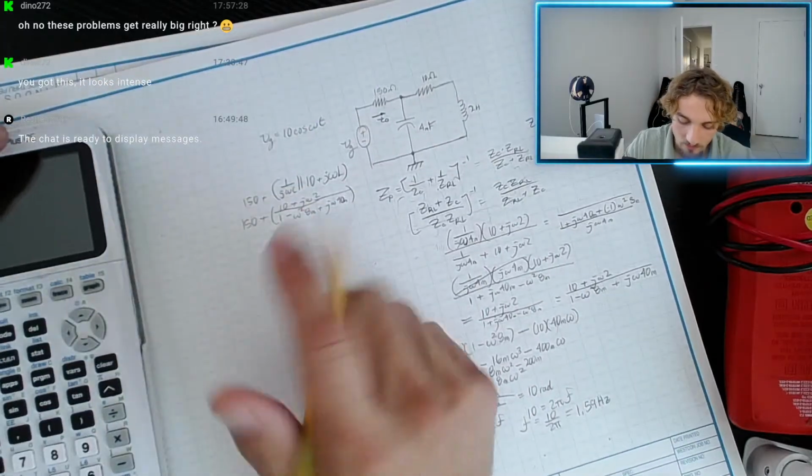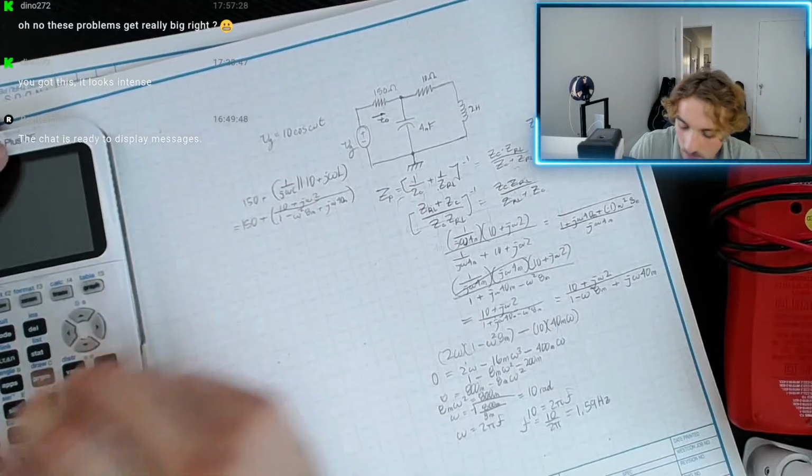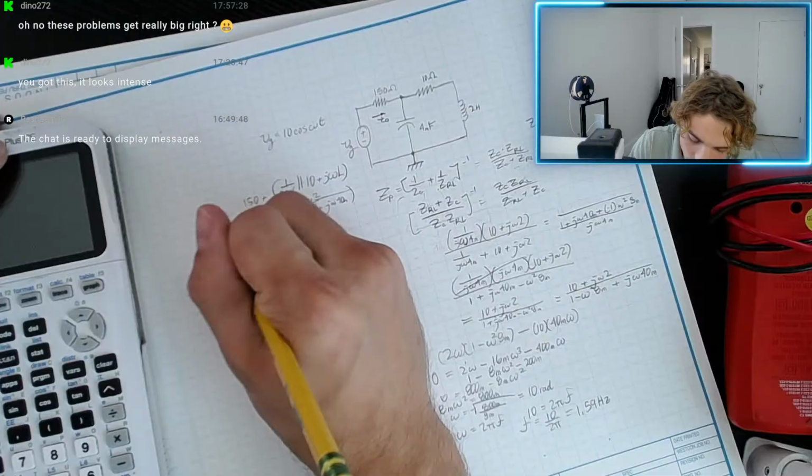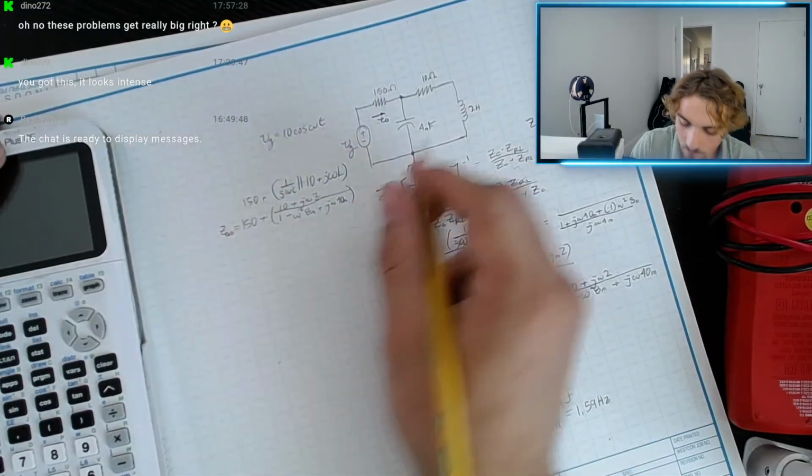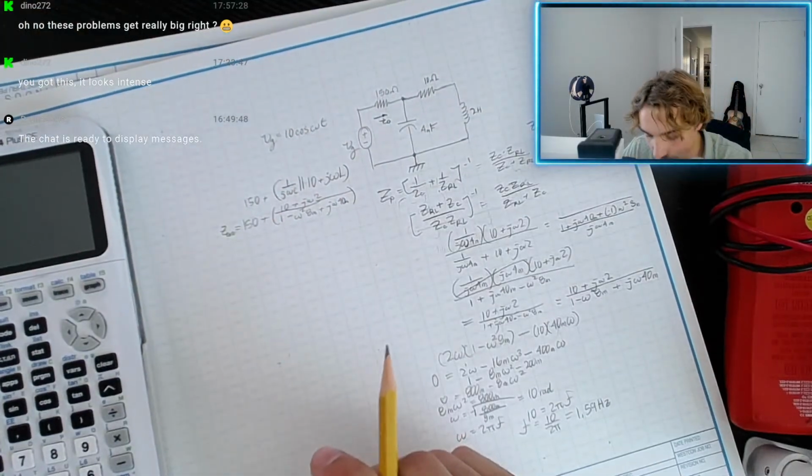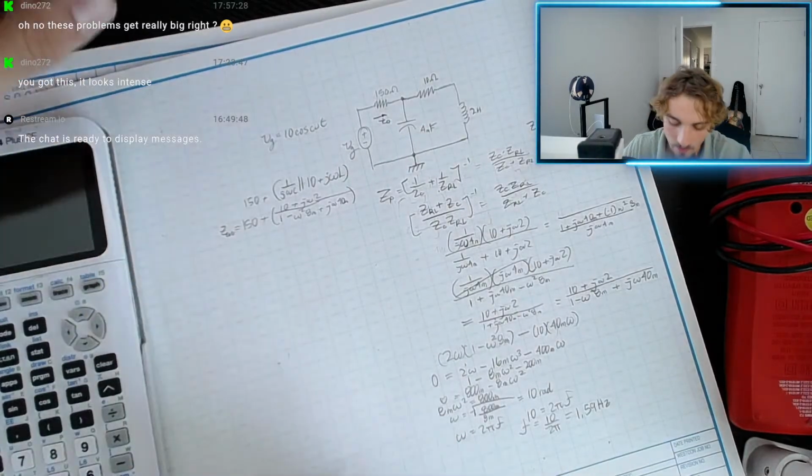Yeah, we're just going to have to convert those into polar coordinates. Yeah, that's the total, so that's Z total, because we need to find the magnitude of I out.